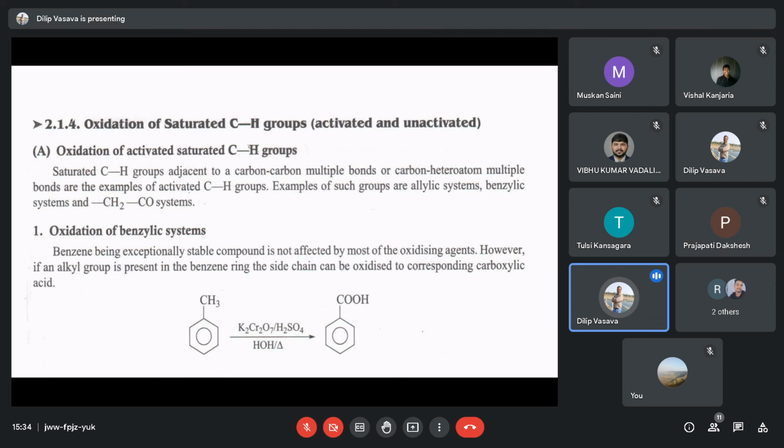So the benzylic system is given, oxidation of the benzylic system. Here, in the presence of K2Cr2O7 or KMnO4, the alkyl group is oxidized, not the ring. Even if a double ring is given, the side chain is going to be oxidized in the presence of K2Cr2O7.